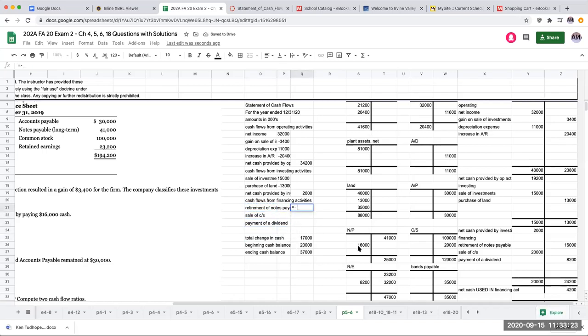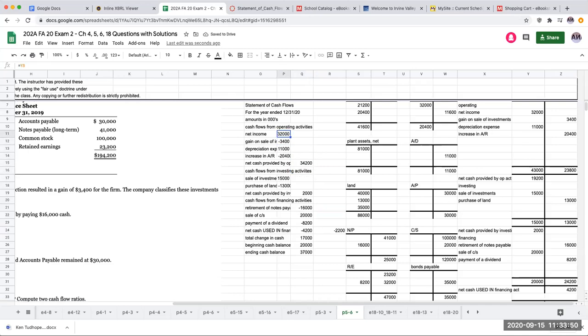So here, this is going to be a negative because it's a credit. As this is a debit, it will be a positive amount. So my net cash used in financing activities is going to be a negative 4,200.